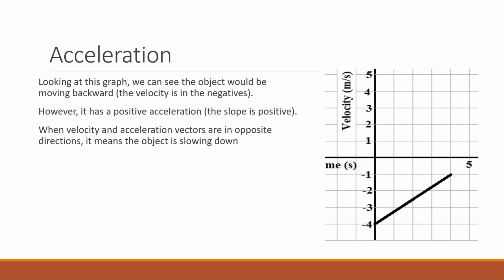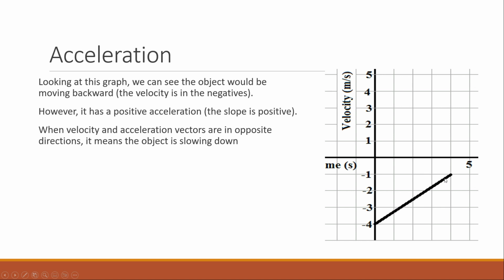So continuing on with the concept of acceleration, we can see that this is a velocity time graph. We can see this object, its velocity is in the negatives, so that means it's moving backwards if we call backwards negative. However, it has a positive slope, and so we would say that it has a positive acceleration.